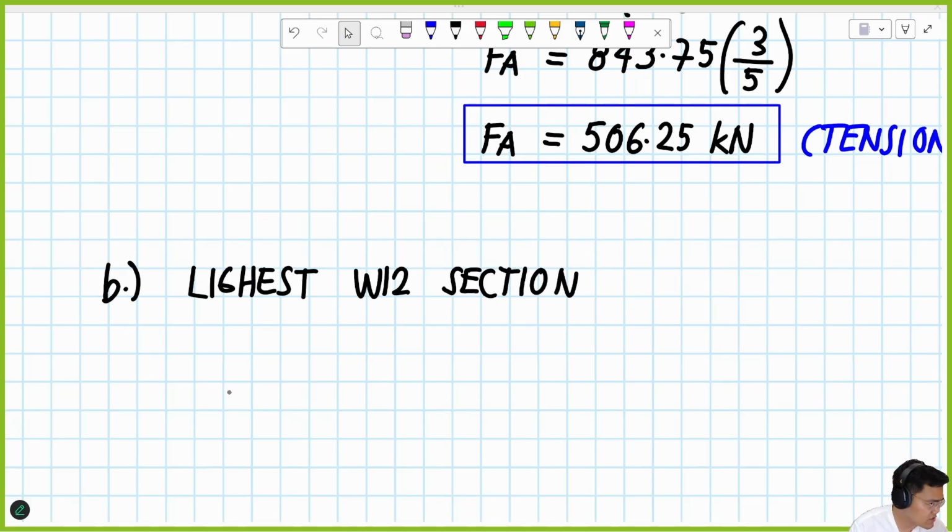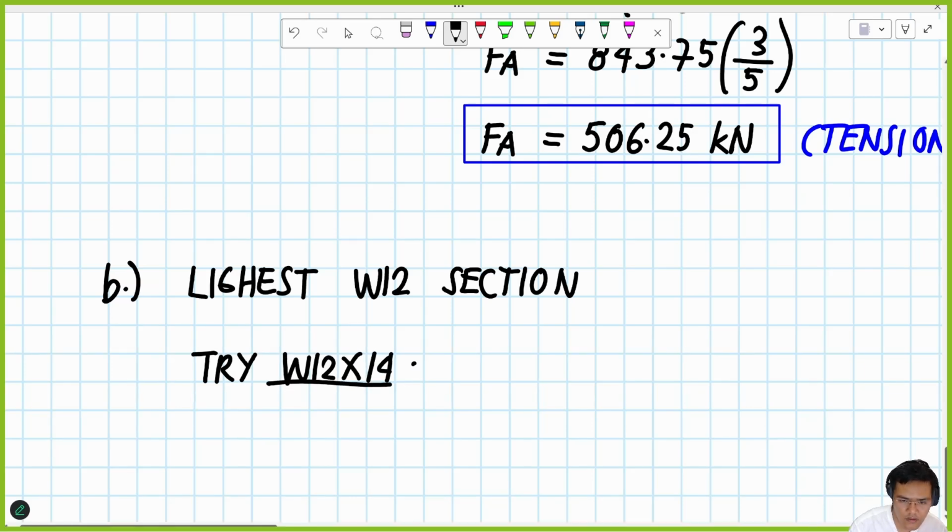Sige, let's try to use yung unang entry, which is W12 by 14. Okay? So meaning, meron tayong mga section properties. Pwedeng pakidictate to. Pakidictate sa akin.